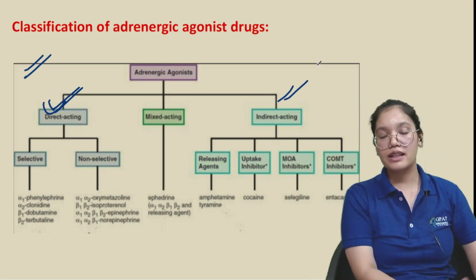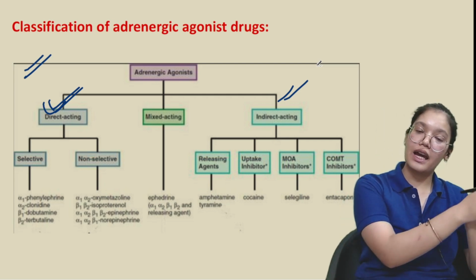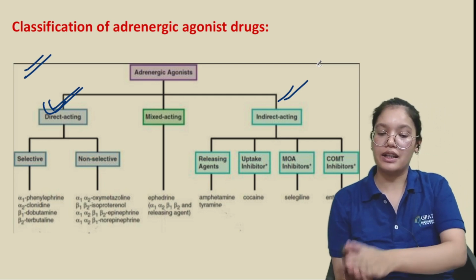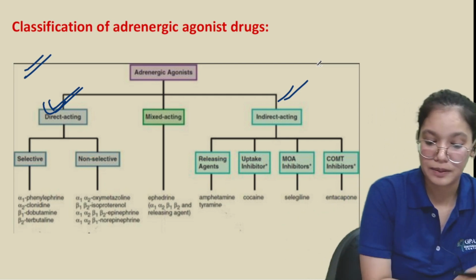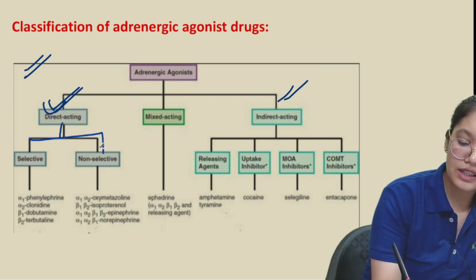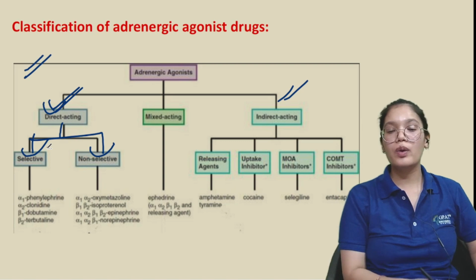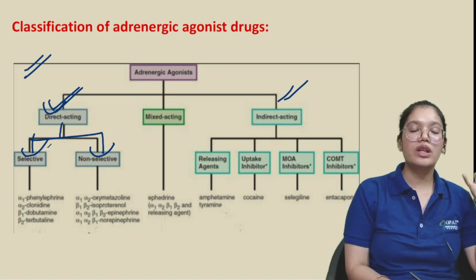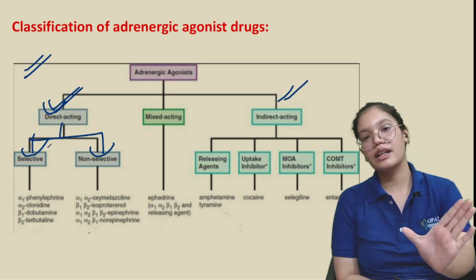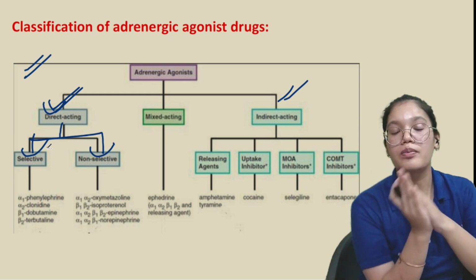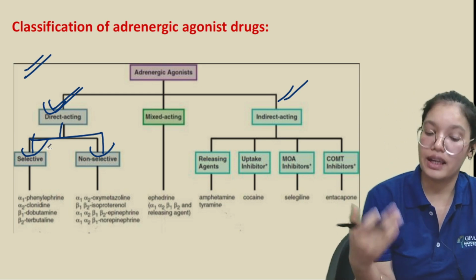Then we have mixed acting, which sometimes act directly and sometimes act indirectly. Now directly acting agonists are further divided into two types, selective and non-selective. Selective ones selectively bind to a particular receptor, while non-selective ones can act on more than one receptor.